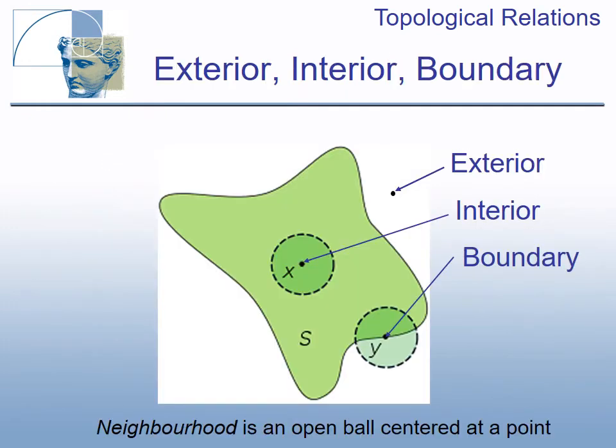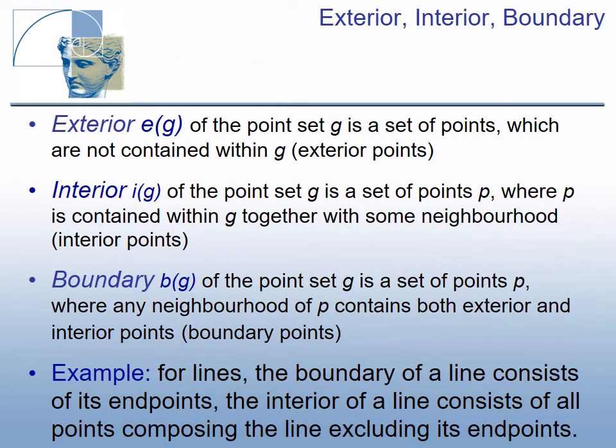On this slide, the topological relations such as exterior, interior, and boundary are illustrated. Exterior of the point set G is a set of points which are not contained within G. Interior of the point set G is a set of points P where P is contained within G together with some neighborhood.